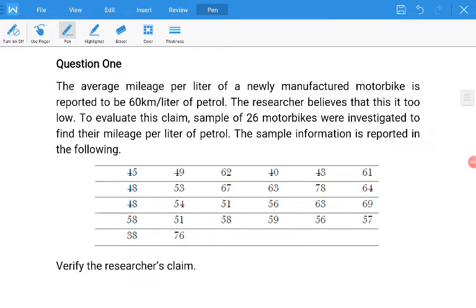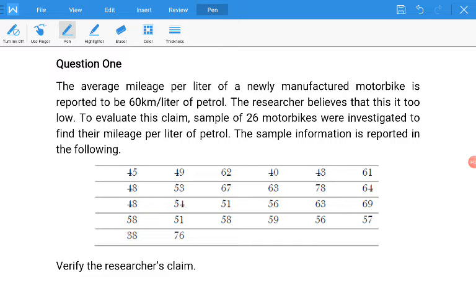Let's look at the first question. The average mileage per liter of a newly manufactured motorbike is reported to be 60 kilometers per liter of petrol. The researcher believes that this is too low.